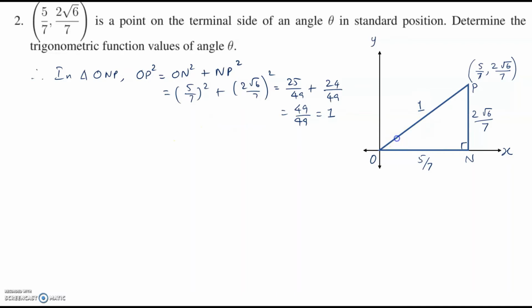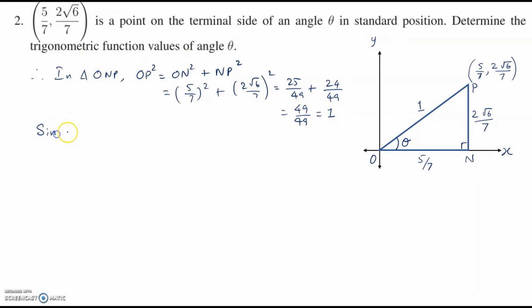So, this is the angle theta, because the question says that this point is on the terminal side of an angle theta in standard position. So, this angle here is theta. We are asked to determine the trigonometric functions. So, let us find sine theta first.